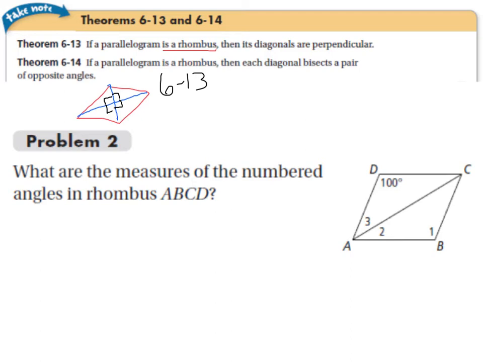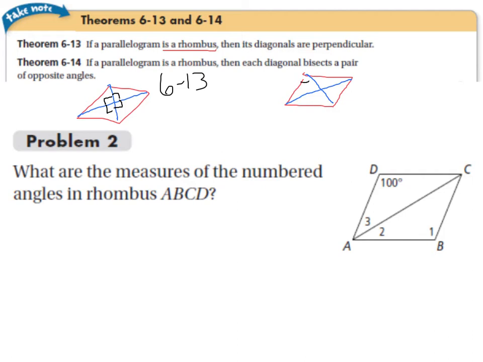So that's 6-13. Now 6-14 would be if I have a rhombus, then each diagonal bisects the opposite. So again, I'm going to write in my diagonals. So what this is saying is it bisects at the angle measurement.